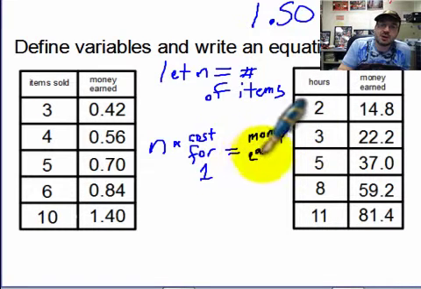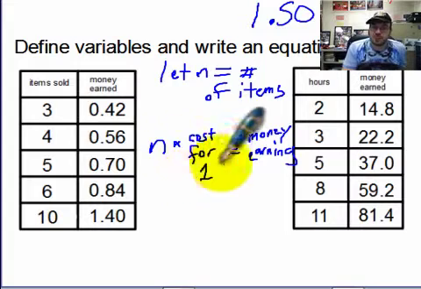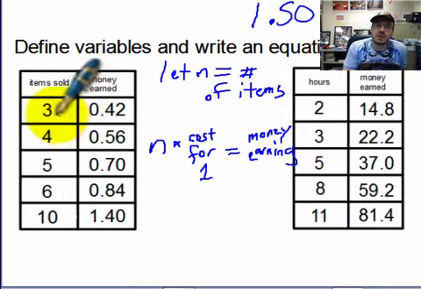Basically, I'm assuming there aren't any other hidden earnings that I have, that my earnings are based completely on how many I sell.